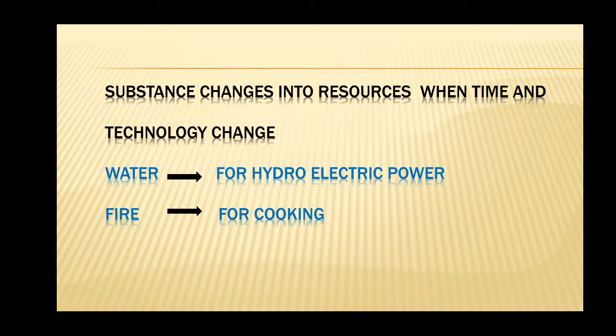Okay, now nature has gifted various things in our life: the food we eat, the air we breathe, the oxygen we get from the forest. All these are resources we get from nature.